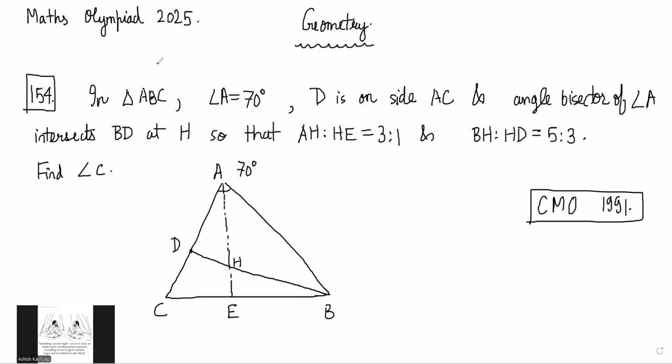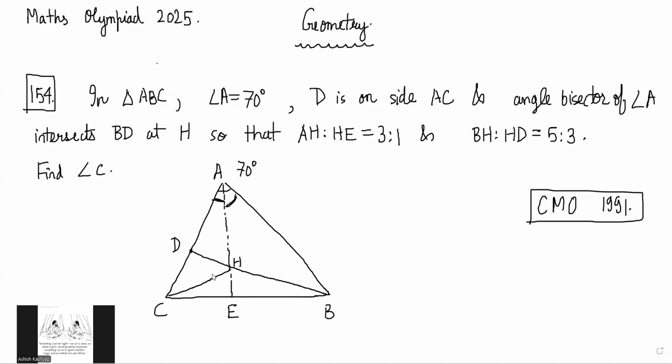So let's connect C to H. This is the angle bisector, so 35, 35.